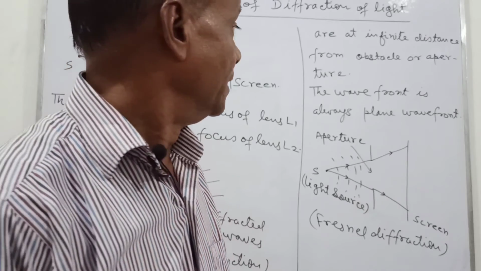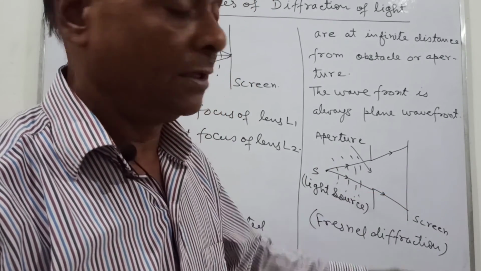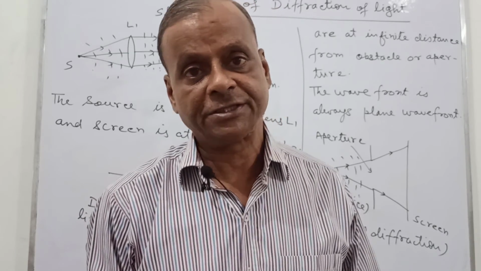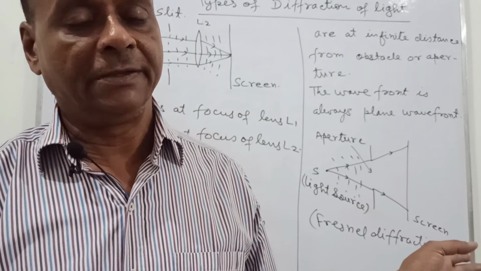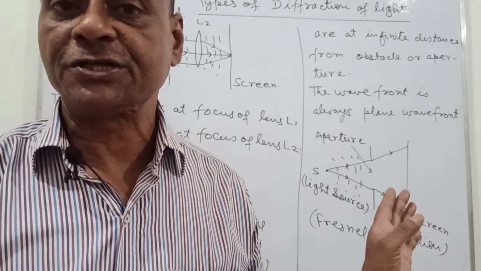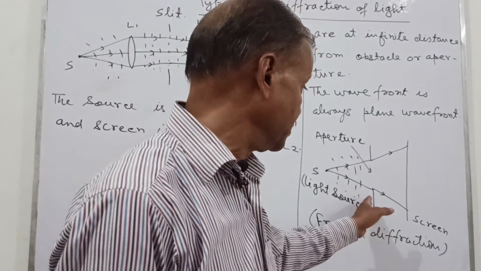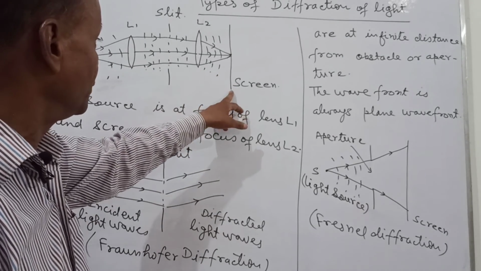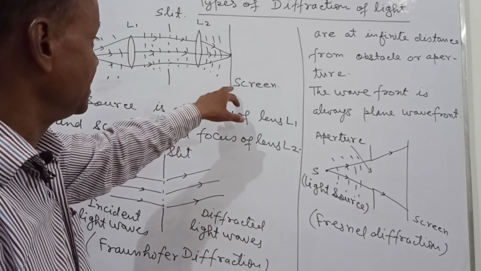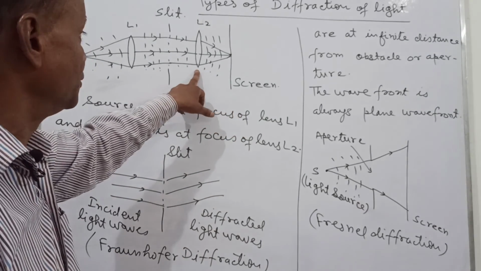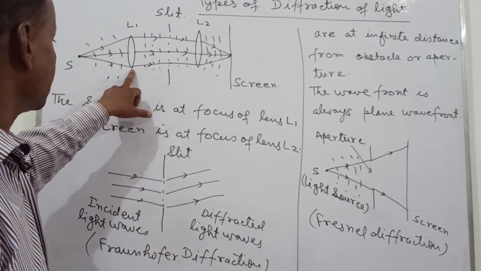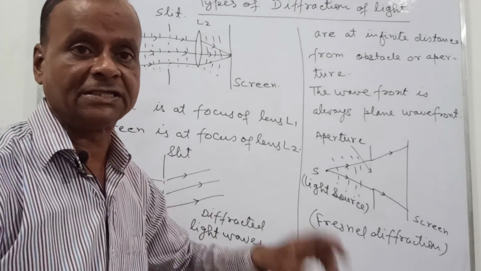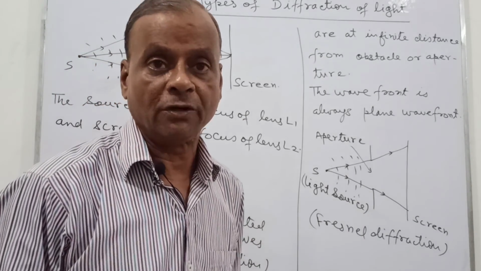Both diffractions are of light waves. In the case of Fresnel diffraction, the screen and the light source are at a definite distance from the obstacle or the aperture, and in this case they are at infinite distance because they are at the focus. So being at the focus, the screen reaches infinity with respect to lens L2, and the light source S, being at the focus of lens L1, reaches infinity with respect to lens L1.